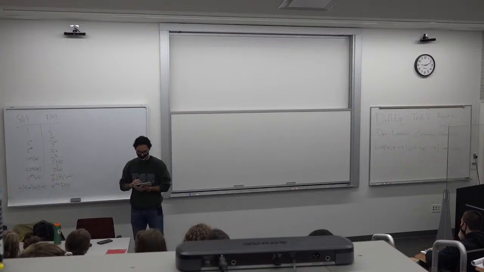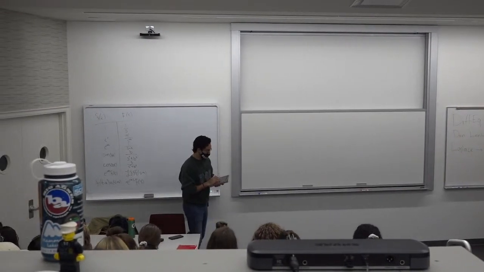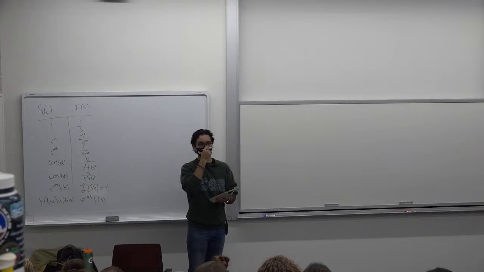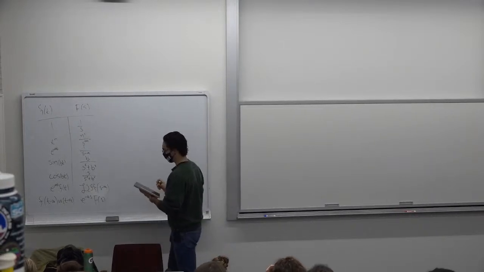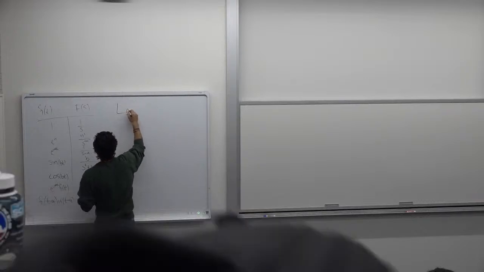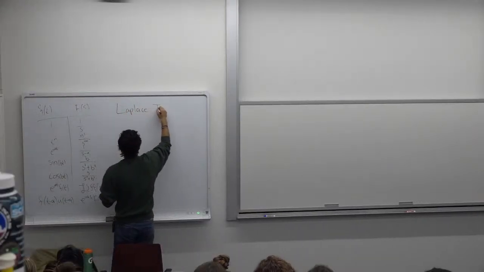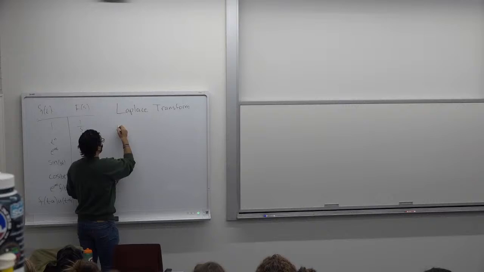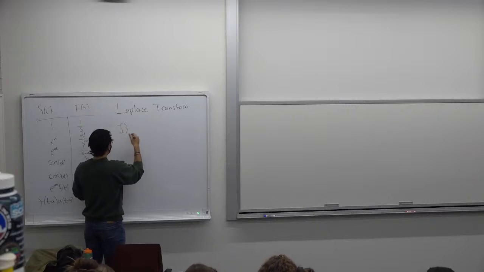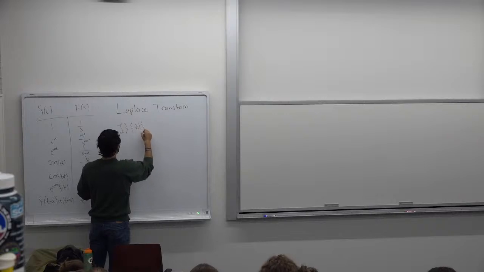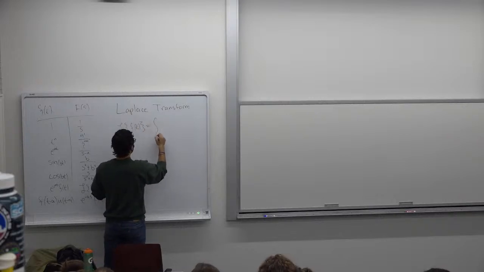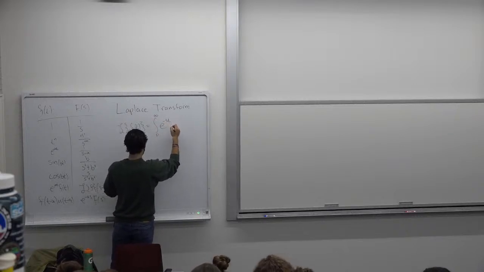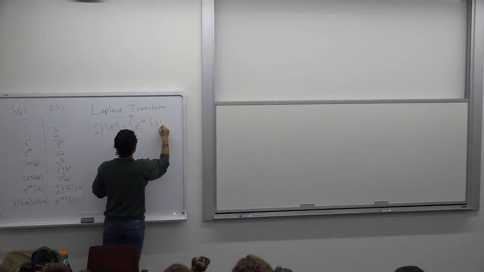Our first topic is going to be Laplace. So I'm just going to go first over the definition of Laplace, our little integral, in case they throw us a piecewise function. We have our Laplace transform. Our definition is the Laplace of our function f of t equals the integral from 0 to infinity of e to the negative st times f of t dt.